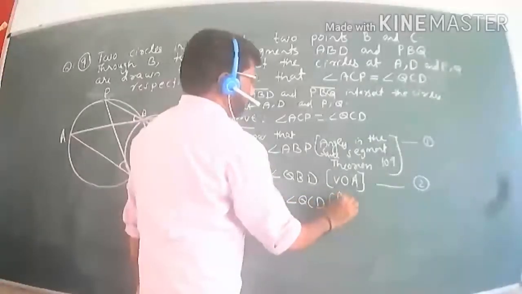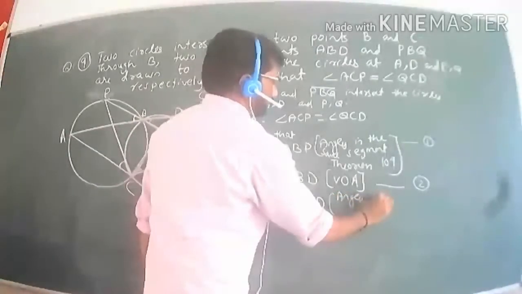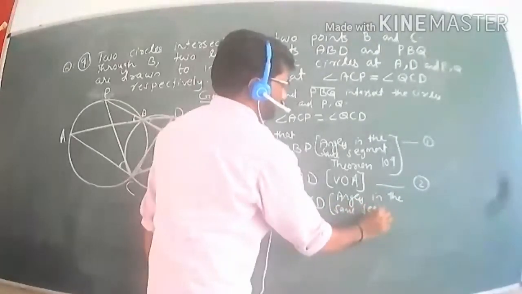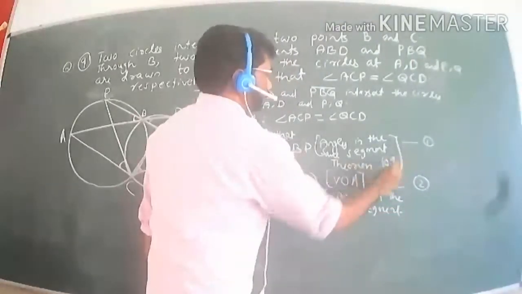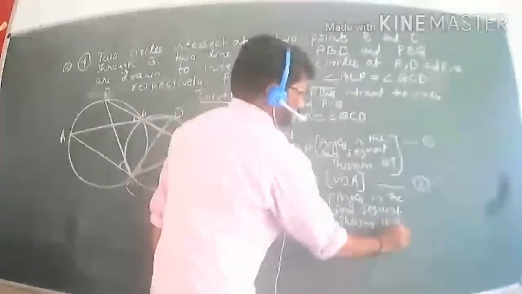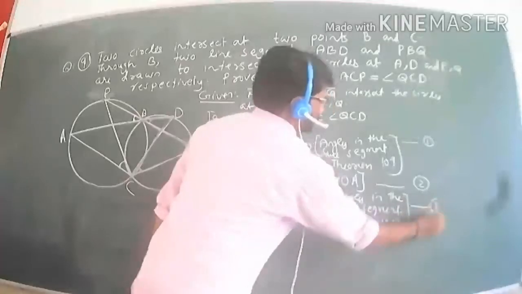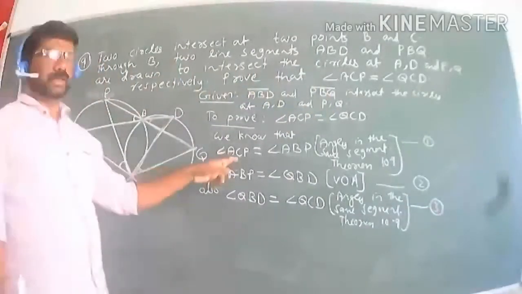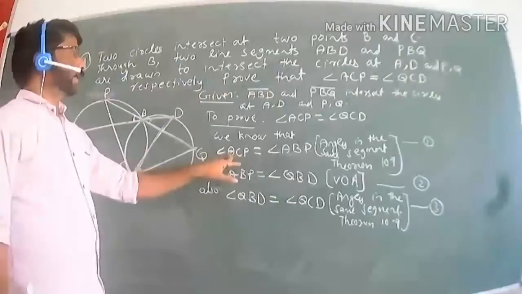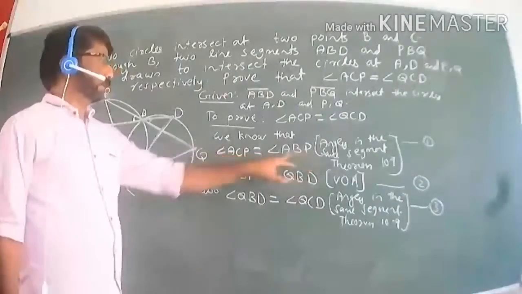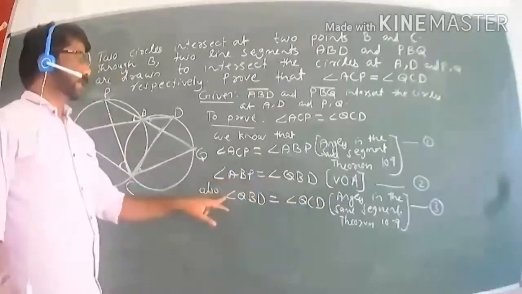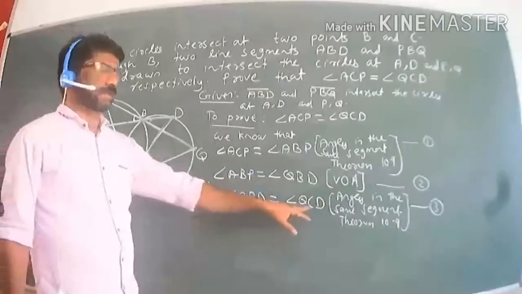Reason: angles in the same segment, theorem 10.9. Equation number 3. So you see all three equations. In equation number 1, angle ACP is equal to angle ABP. In equation number 2, angle ABP is equal to angle QBD. Equation number 3, angle QBD is equal to angle QCD.